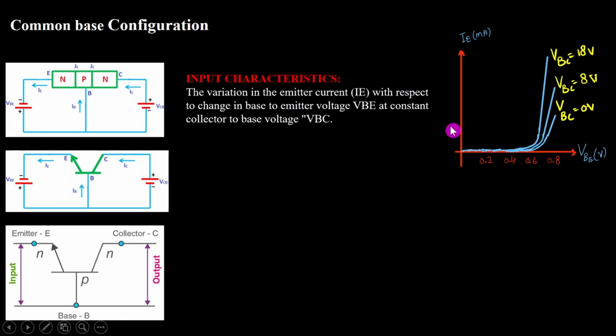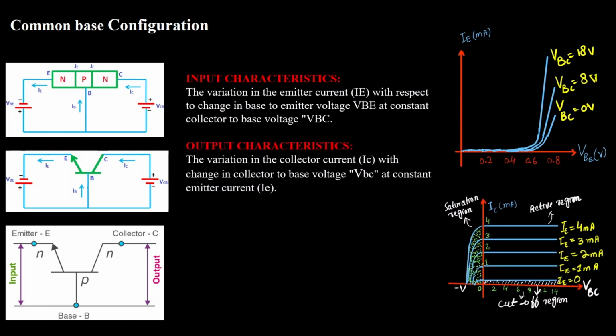Now what is the output characteristics for this common base configuration of the transistor? For that, we are going to take this current IE as constant, and we are going to take variation in this IC by changing this voltage VCB.